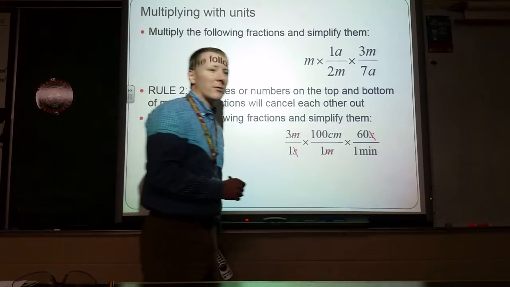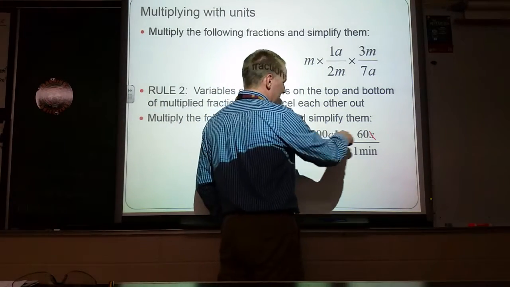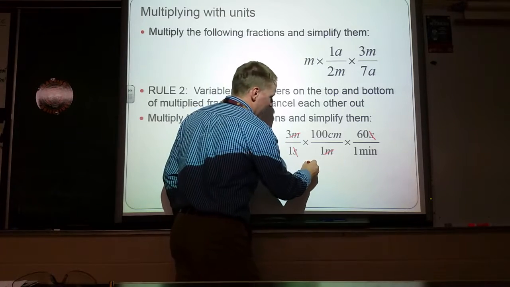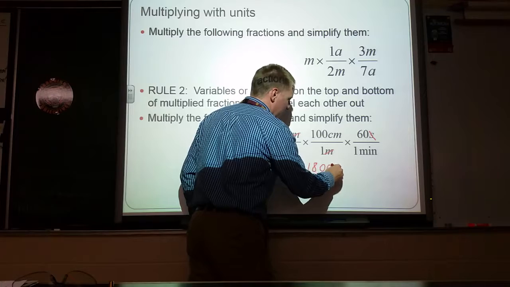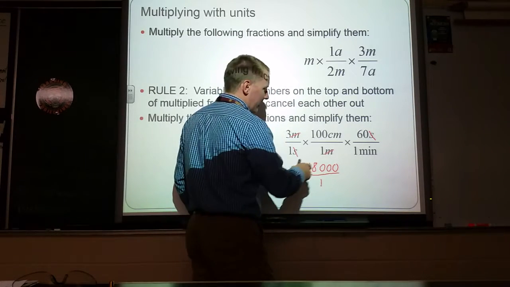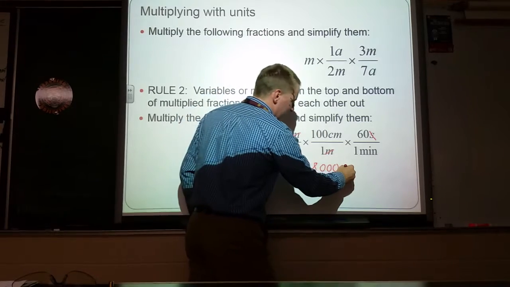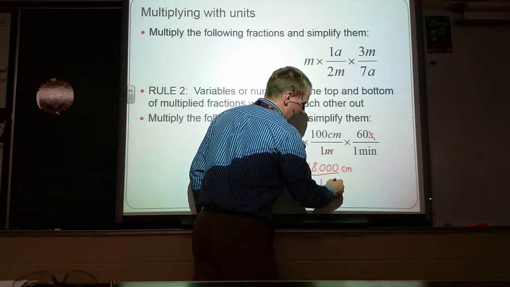They don't have to be next to each other. When we divide these out, we get 18,000 on the top, 1 on the bottom, and then the units, we've got centimeters on top, minutes on the bottom.